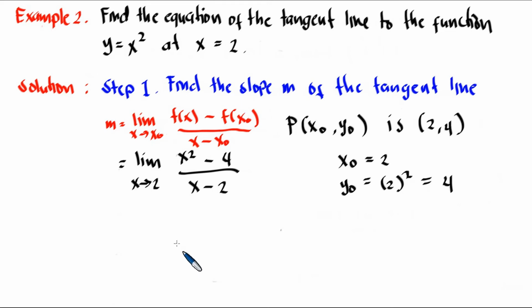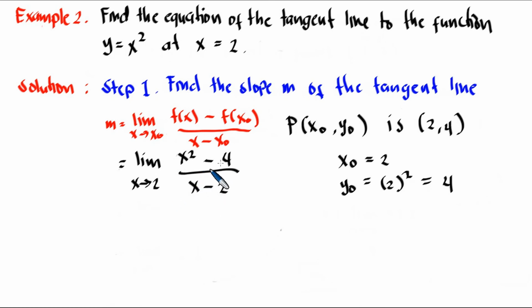Here we need to be careful because you cannot plug in 2 into the resulting function, because you will end up with division by 0, and that is undefined. To avoid that, we are going to find the factors, or rewrite our numerator by finding its factors.